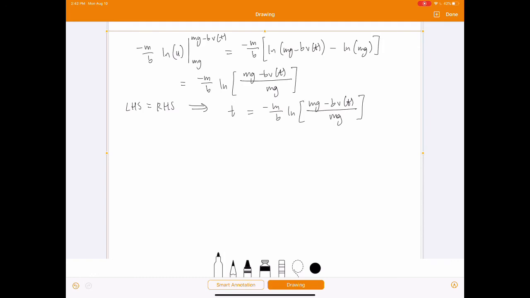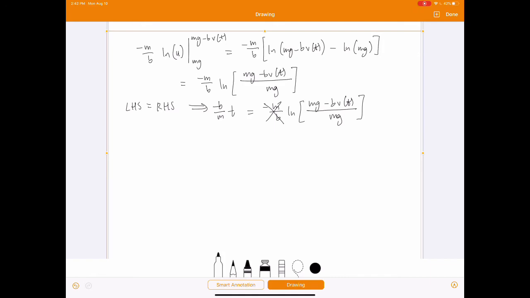I'm going to multiply on both sides by minus b over m. And by doing that, I get rid of this term in front of the natural log on the right side. Okay, so on the right side, I just have a natural log and nothing else.